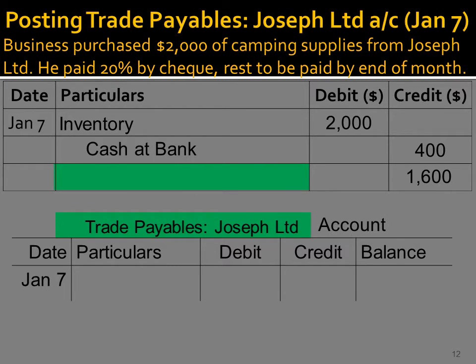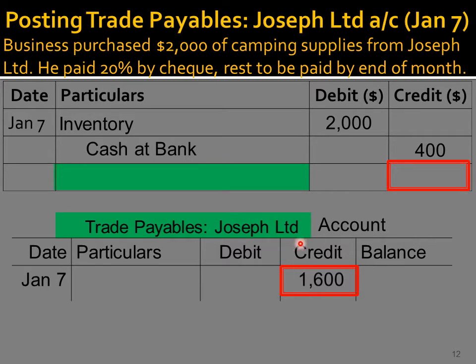Step 2, we will post the associated debit or credit amount on the respective side of the ledger account. Step 3, we would then post the other account affected in this transaction. We are posting the reason as to why we have credited the trade payable account with $1,600.